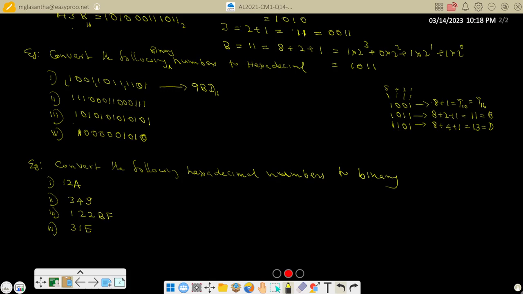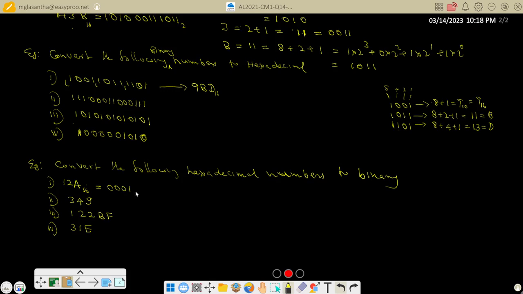How do you convert this hexadecimal number into a binary number? Now you want to convert this to binary. What is 1? 1 is 0001.